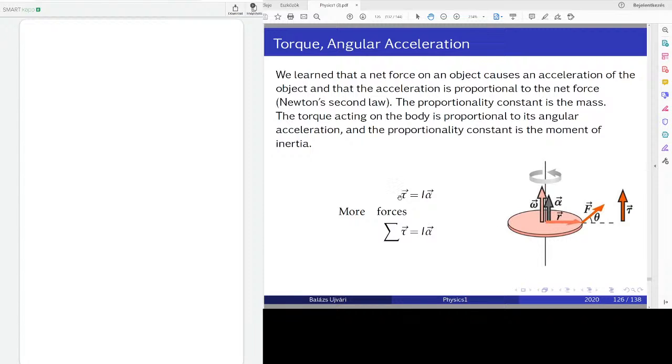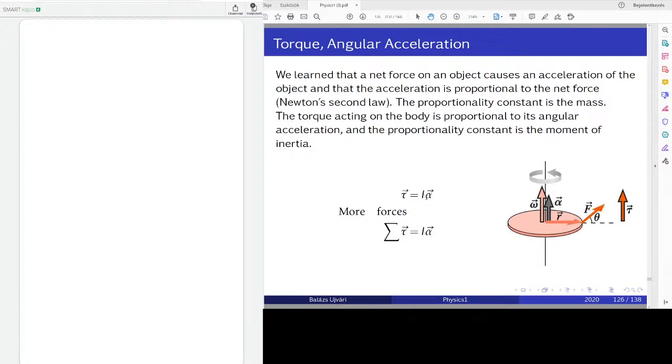And the equation with that you can calculate what this force will cause on this rotating body, what will be the angular acceleration. You should use this equation, which says the torque is equal to moment of inertia times angular acceleration.